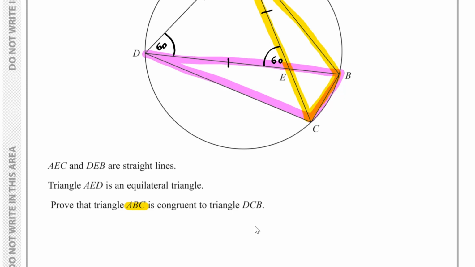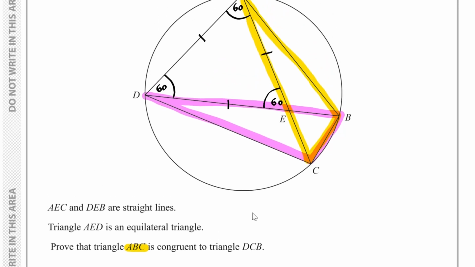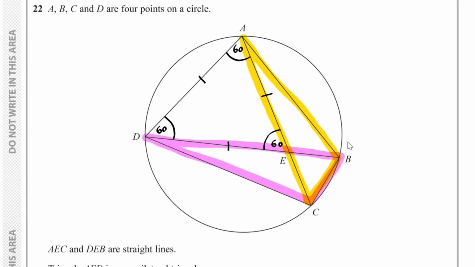So the first thing we can do is recognize that, if we go back here, ACB and ADB are the same. So ACB, that's this angle here, is the same as ADB.